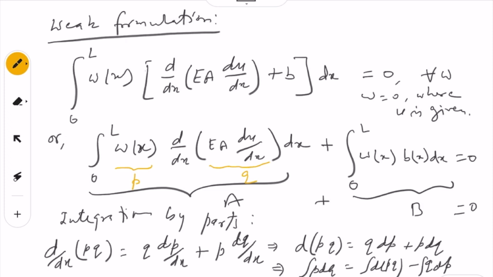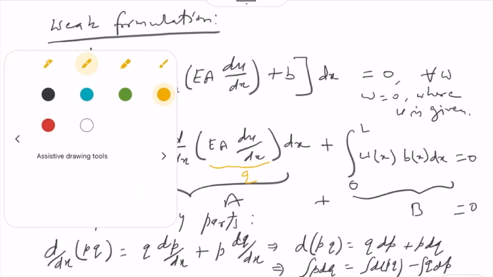Then the integral will be equal to the integral of d(pq), which means simply pq will come out. So pq minus the integral of q dp. This is how it is. So, we will use that.